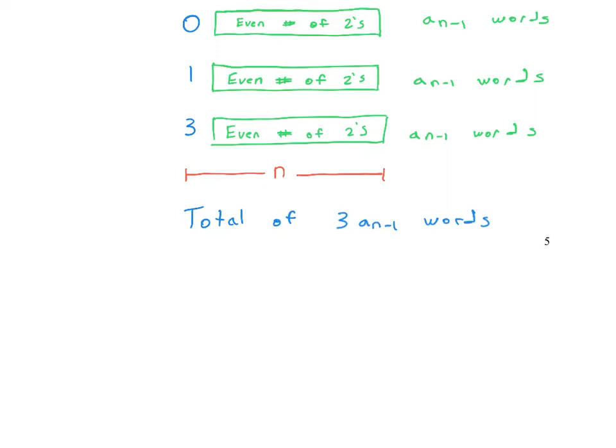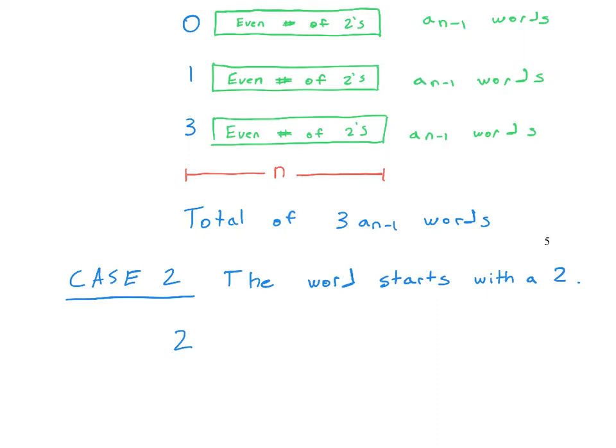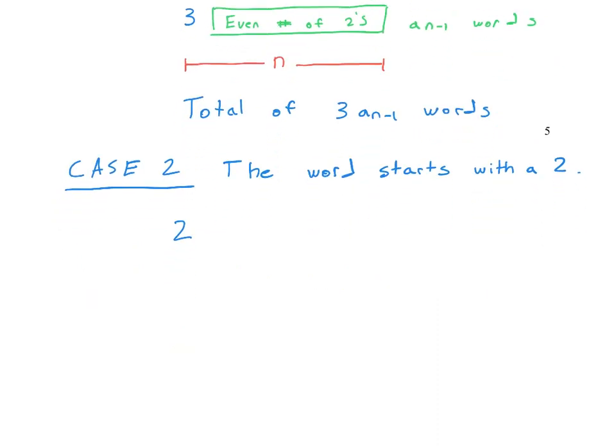What if our word starts with a 2? In this case, we need to think about all of the different ways of finishing off our word when it starts with a 2 and making sure we have a grand total of an even number of 2's. This time what we want to put in the box is an odd number of 2's.